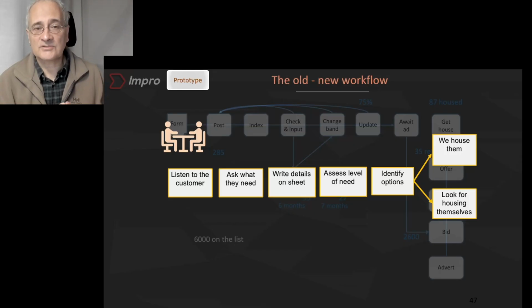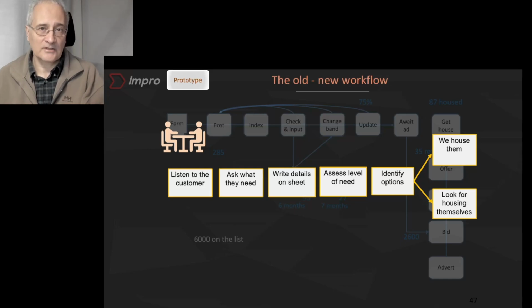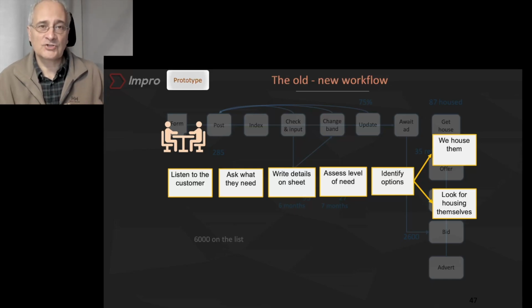Now, what this does is that it demonstrates the shift from a transactional to a relational design. And this is the core of what relational public service design actually is. The difference between the flowchart that we showed you before, which was bureaucratic, mechanistic and standardized, to this one, which is flexible.